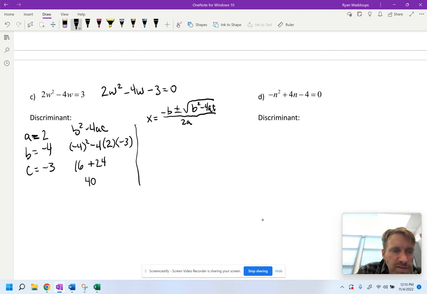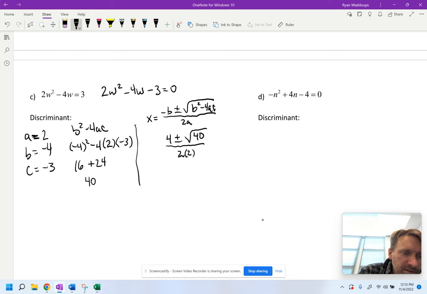And negative b, since b this time is negative 4, the opposite of negative 4 is positive 4, plus or minus the square root of 40. And this is all over 2a, and a is 2.